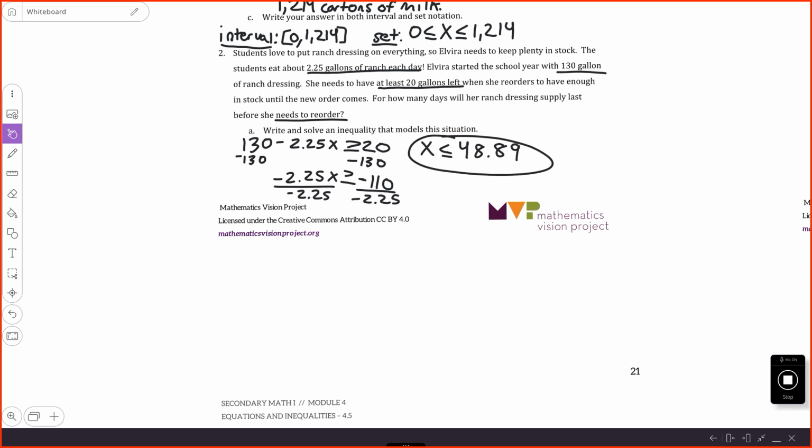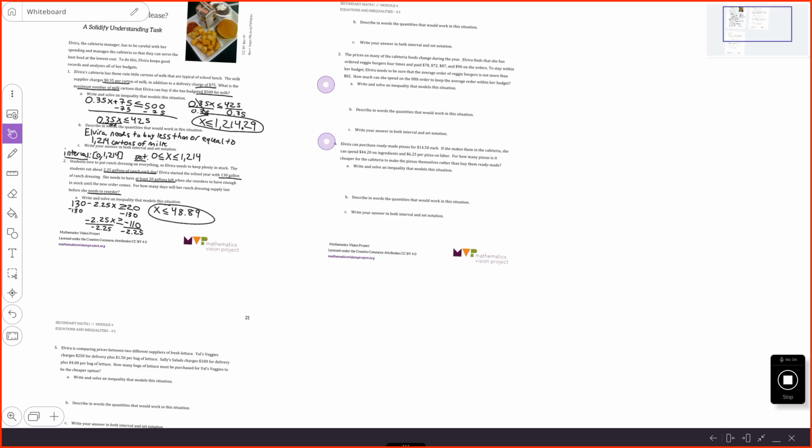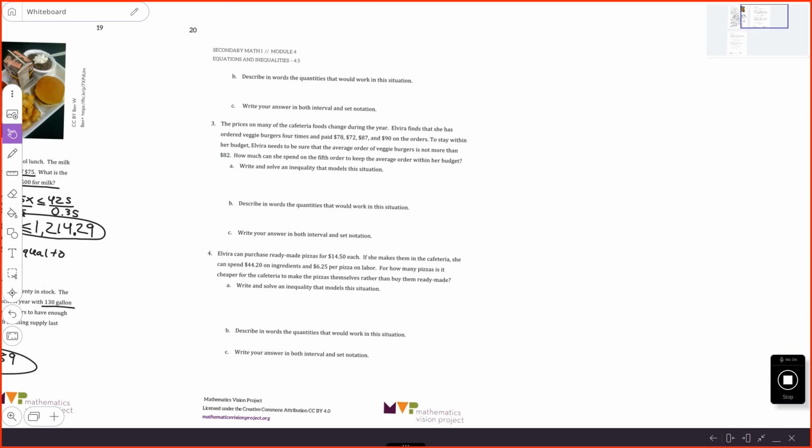So x has to be less than or equal to 48.89 days, or you just say x is less than or equal to 48 days. So in terms of this context, after 48 days of school, order more ranch.